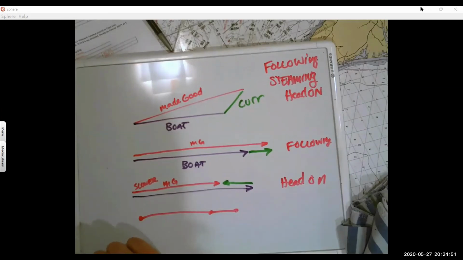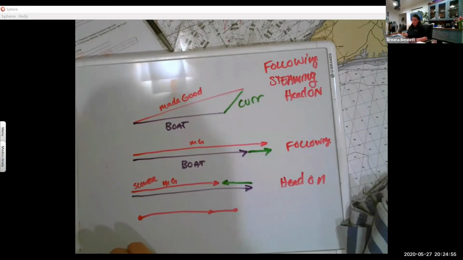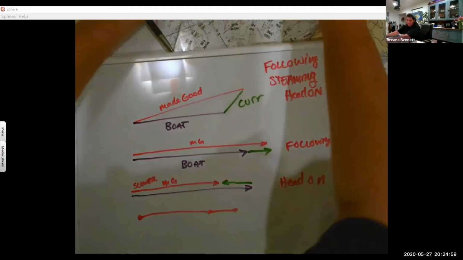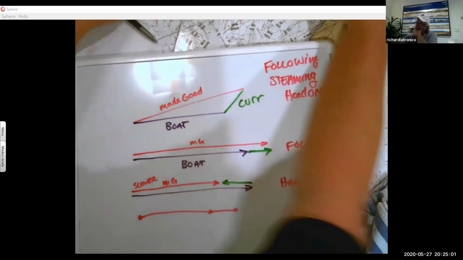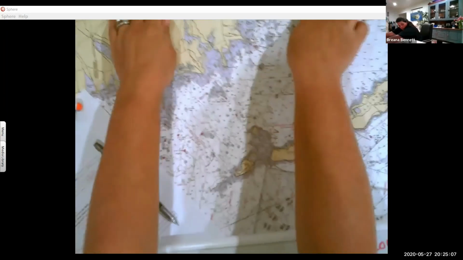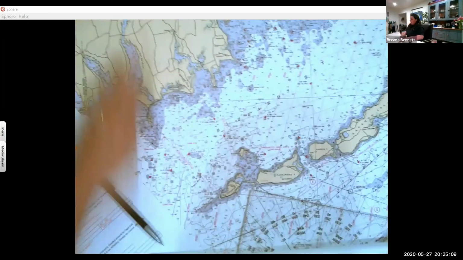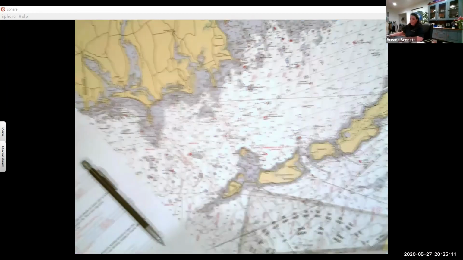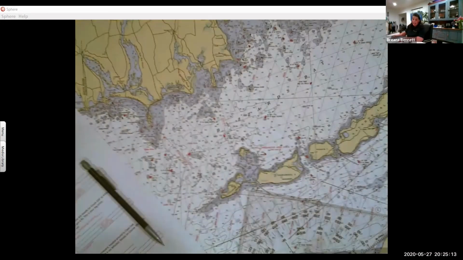Okay, so now I'm gonna throw you a real tricky one. We're going up to Buzzards Bay. Now I'm gonna have to lean over my chart too, so it's gonna be tricky. What makes this one tricky is that it's not on the hour.